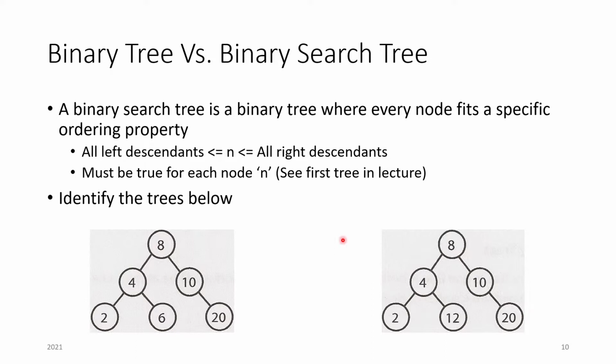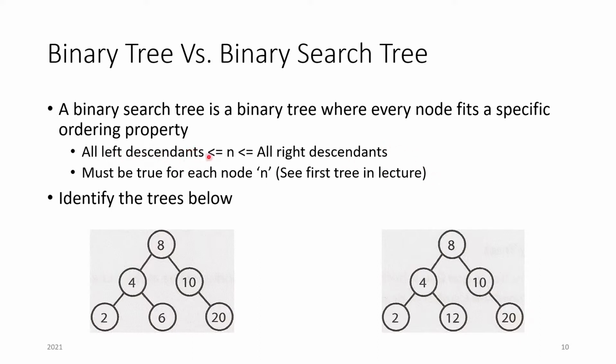So a binary tree is where the nodes can follow any order throughout the entire thing. A binary search tree, on the other hand, is where the order is specified regarding how the nodes are laid out in the tree. What we saw at the start of our lecture, where we had the left subtrees and the right subtrees, where everything on the left was less than the root node and everything on the right was more than that root node, was actually an example of a binary search tree. And that's given by these two equations that we have here.